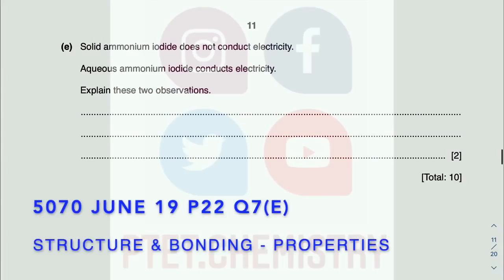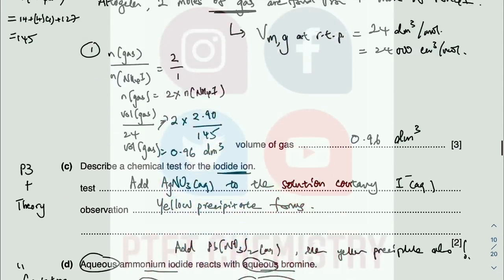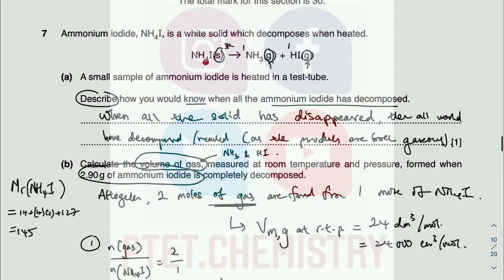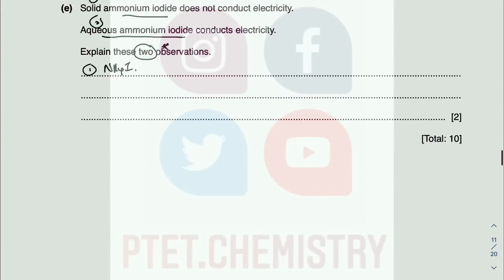Next bit, solid ammonium iodide does not conduct electricity. Aqueous ammonium iodide conducts electricity. Explain these two observations. So you got to explain both of them. NH4I, which is the correct formula, in case you're wondering, NH4+ and I-, has giant ionic structure.